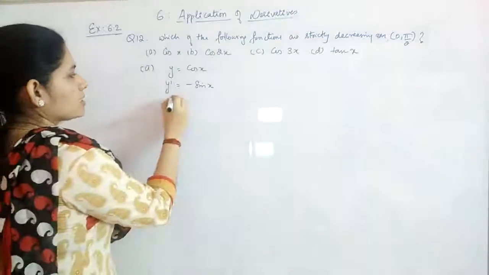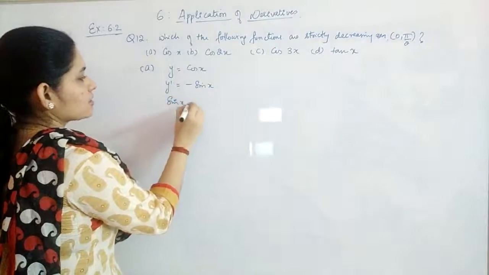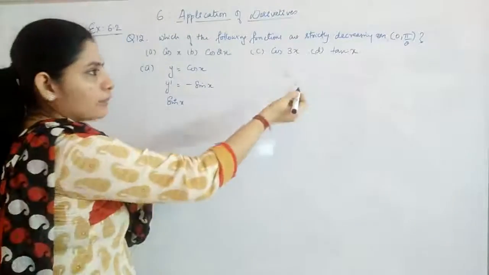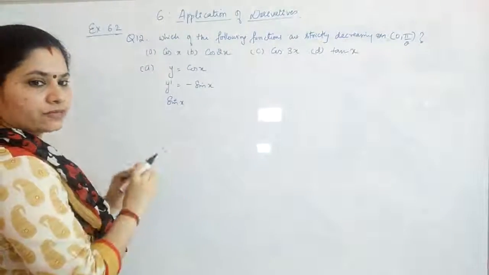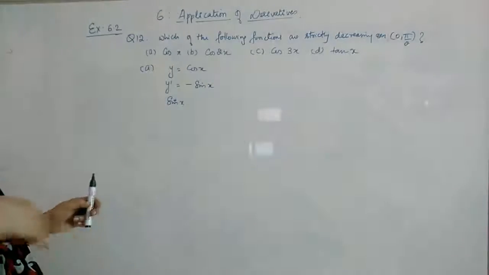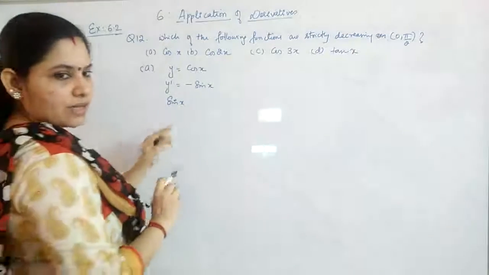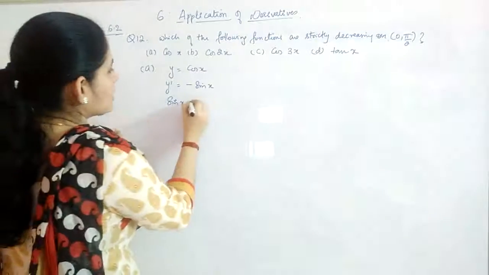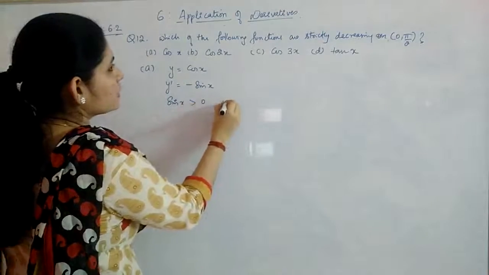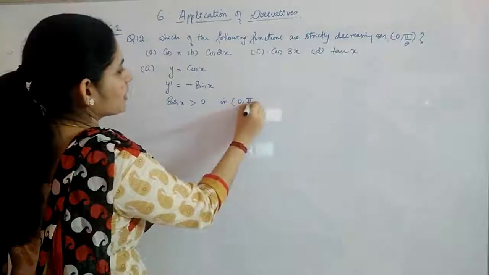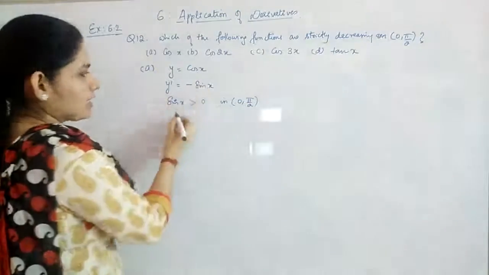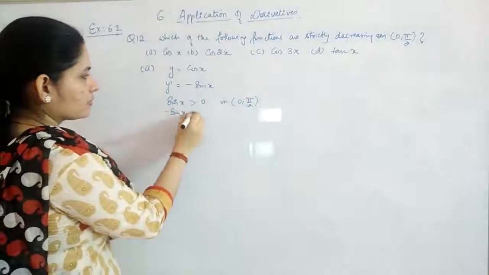Since it is 0 to pi by 2, it is the first quadrant, so sin x will change its value from 0 to 1. So you can say that sin x is greater than 0 in the interval 0, pi by 2. Therefore, minus sin x will be less than 0.